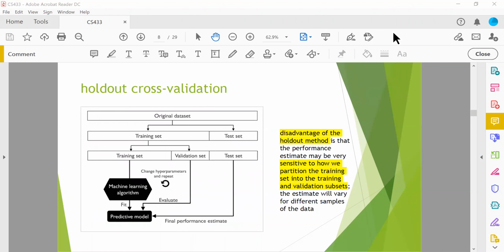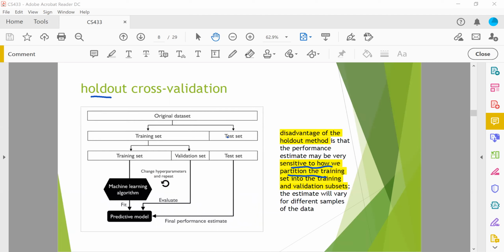So this is the idea about how we achieve the trade-off between bias and variance. You remember previously we learned cross-validation, where you have a training set and then subdivide it into training and validation. That is called hold-out. There is a problem with hold-out cross-validation: it is too sensitive to how we partition the data set.